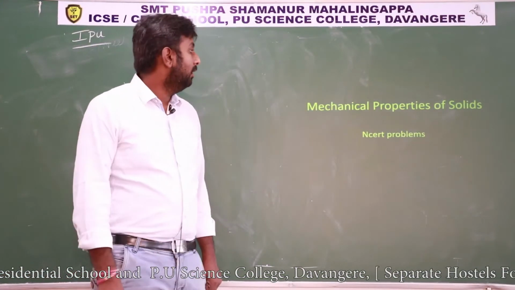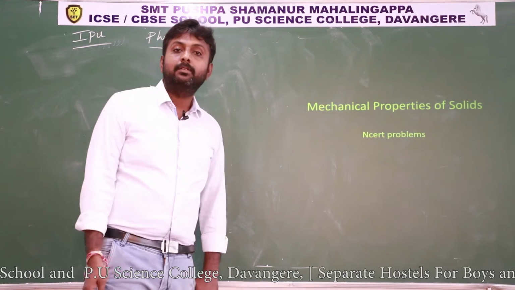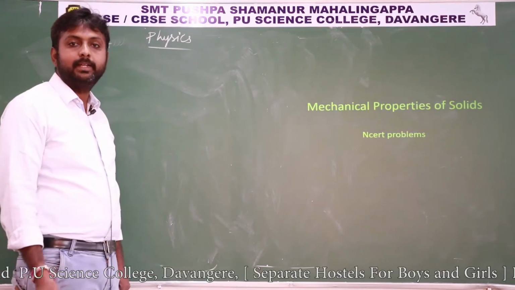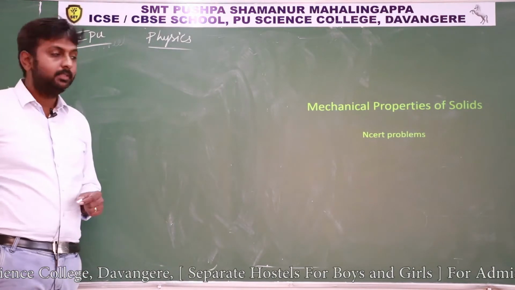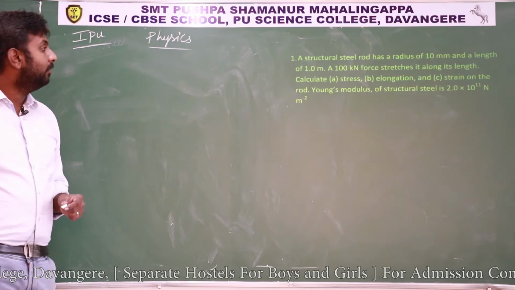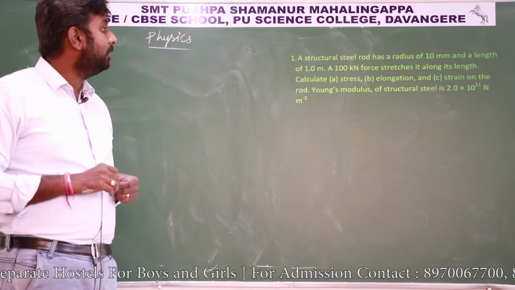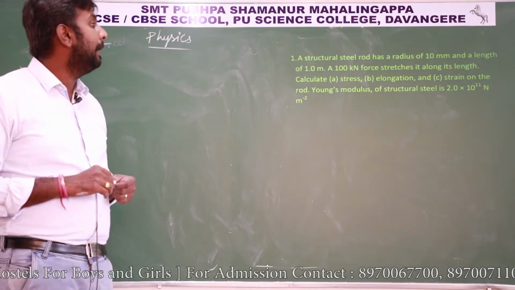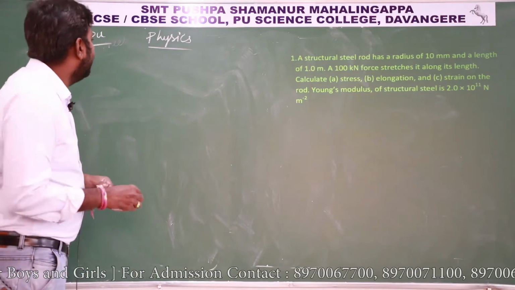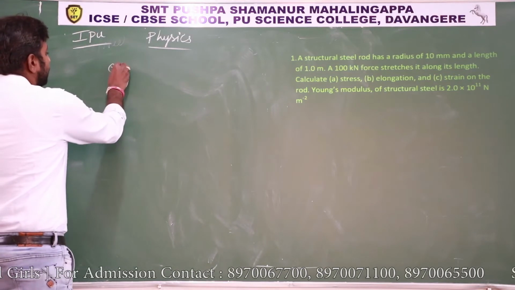Now I will explain some problems based on the concepts you have studied in mechanical properties of solids. The first problem: a structural steel rod has a radius of 10 millimeter. First you have to write the given values in the question.